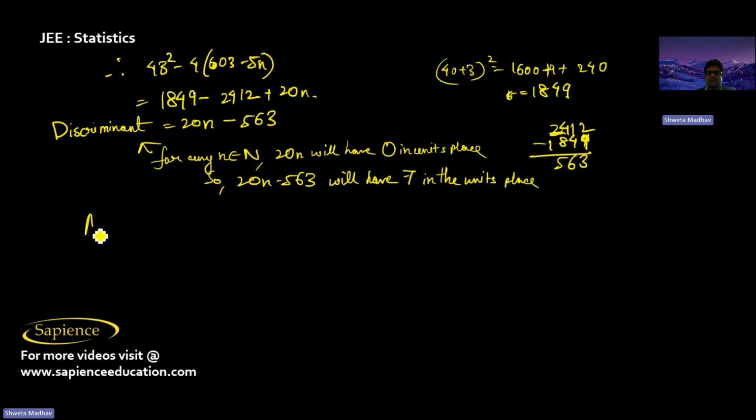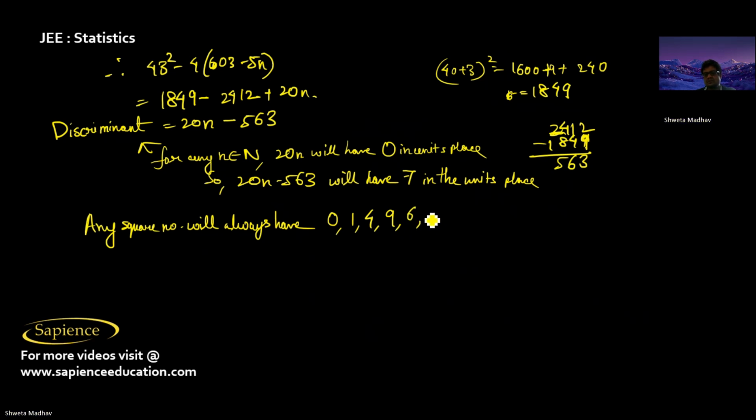Now the thing is, any square number will always end with either 0 or 1 or 4 or 9 or 6 or 5. 6 squared is 36, 7 squared is 49, 8 squared is 64, 9 squared is 81.